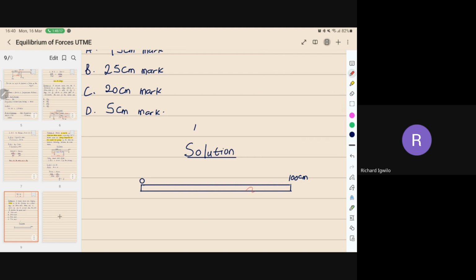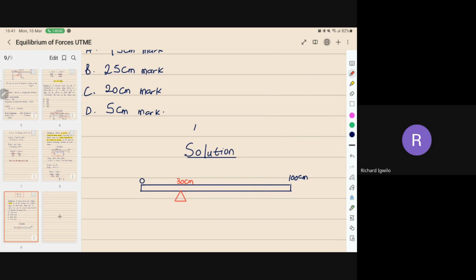So let's have it here. Sorry, this is too far. So 30 should be here. So it's at the 30 centimeter mark, so the distance here is 30 centimeter.